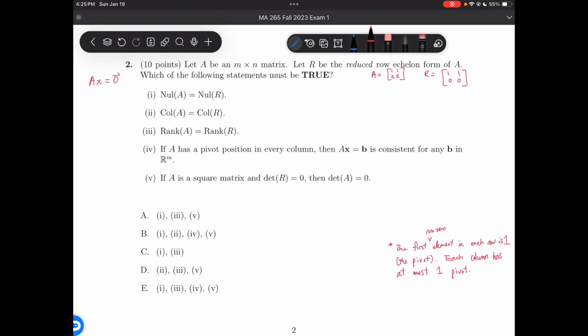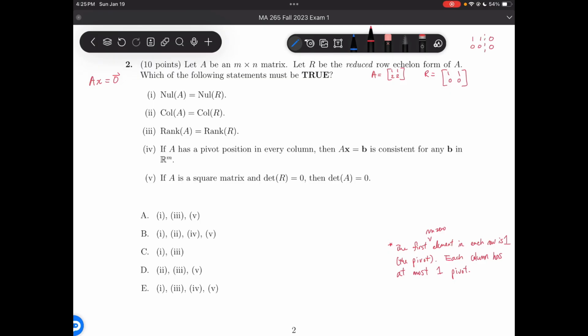The way we calculate the null space of a matrix A is first we find the reduced row echelon form. So if we were to find the null space of this matrix here, we would convert it to the reduced row echelon form, and then we solve the augmented matrix for that reduced matrix.